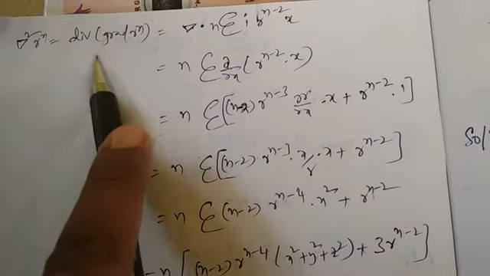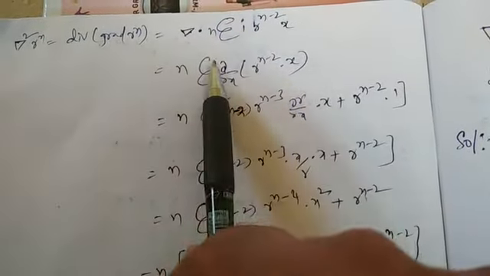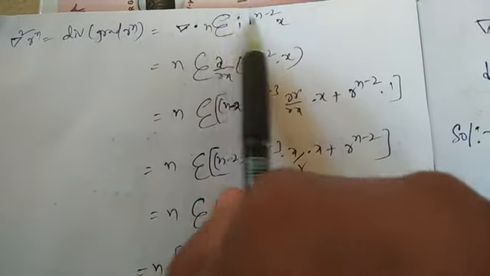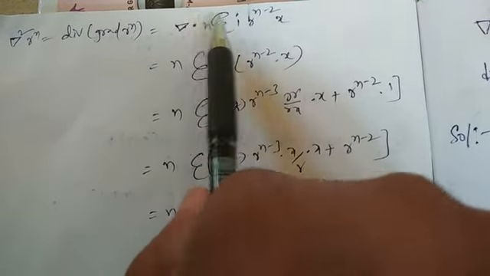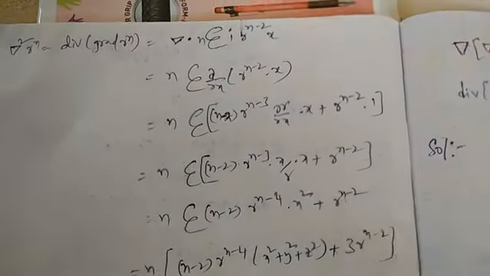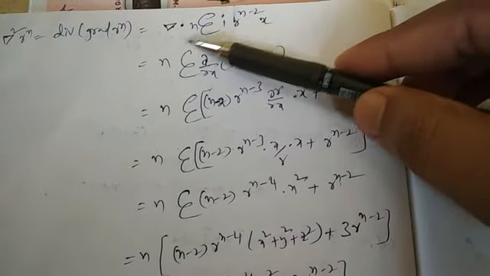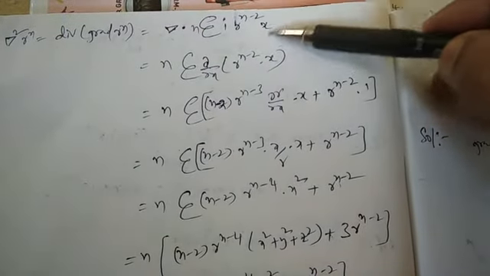The divergence of gradient of r power n will give only a scalar quantity, not a vector. Here i dot i is 1, that is the first term. J dot j becomes 1, and k dot k is 1. Instead of writing three terms, I write only one term, where i dot i is 1. N is a constant, outside. In this del operator we have dou by dou x of this term.